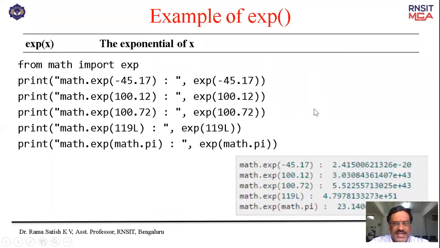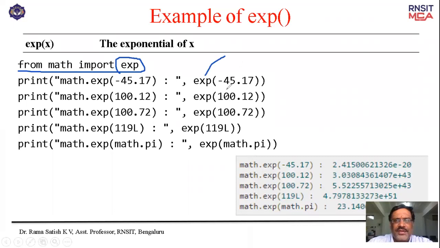Similarly, if you want the exponential value of x, some value. See here, look at the style of my import. I have used from math import exp, so I'm getting only exp.